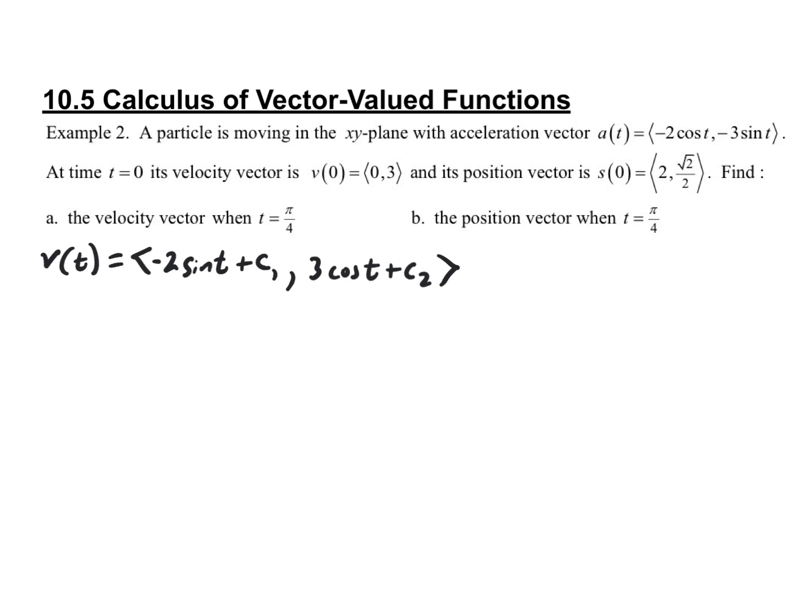Now, what I can do is use that specific velocity vector that they've given us to solve for these C's. Because then I can have the absolute general velocity vector for this problem, and then I can evaluate it at time pi over 4.